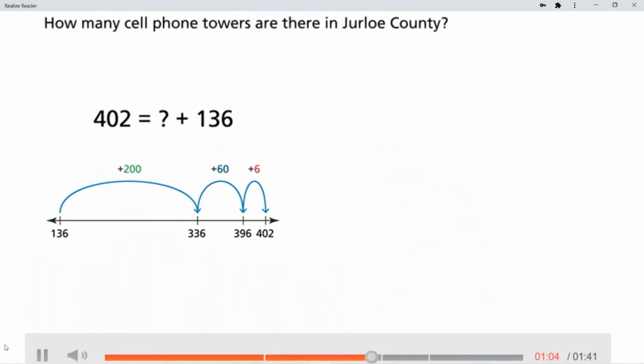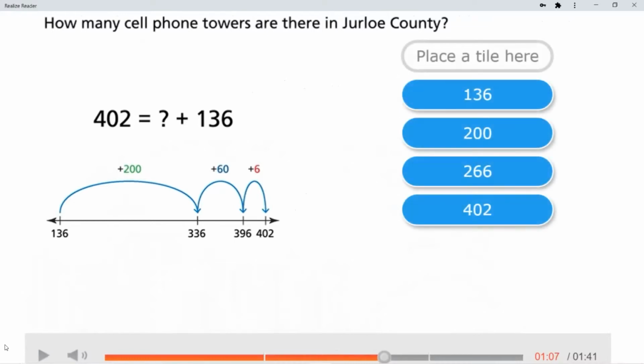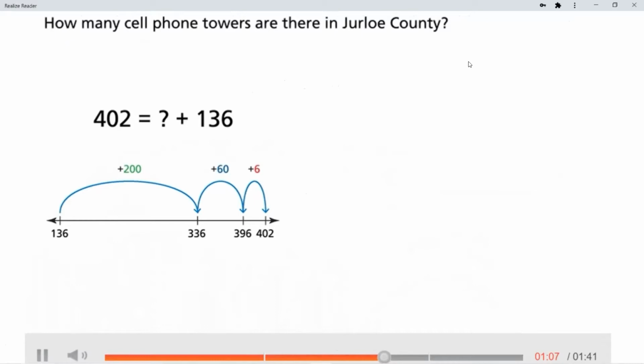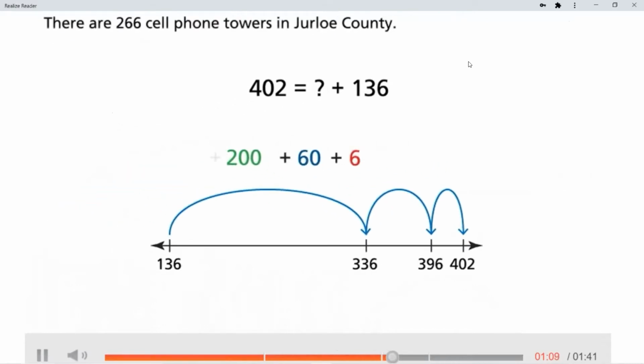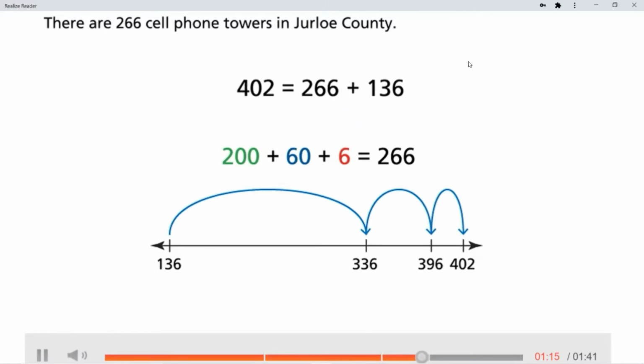How many cell phone towers are there in Jurlo County? Select your answer. 200 plus 60 plus 6 equals 266. There are 266 cell phone towers in Jurlo County.